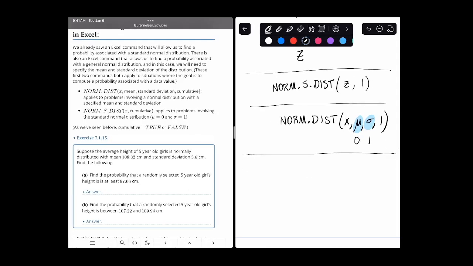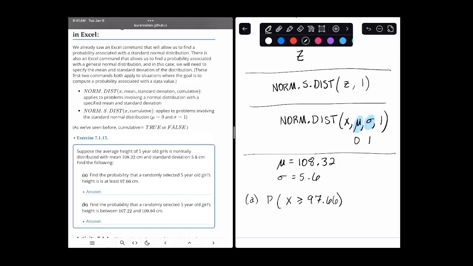So this says that we're assuming that the average height of 5-year-old girls is normally distributed, and the mean is 108.32 centimeters, and the standard deviation is 5.6. And part A is asking us for the probability that a randomly selected girl's height is at least 97.66.